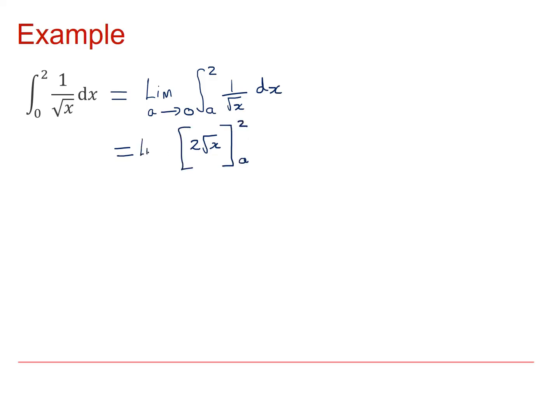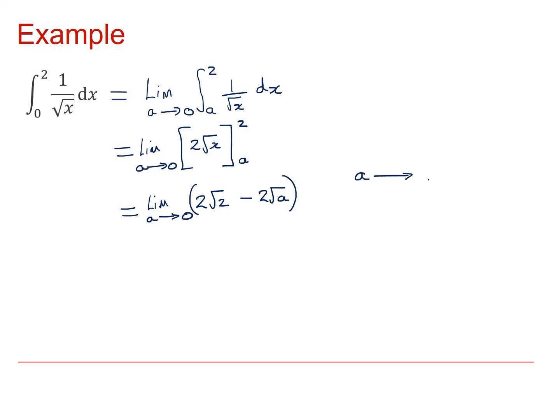And what happens to that as a tends to 0? Well, plugging in the limits, I'm going to get 2 root 2 from the upper limit minus 2 root a from the lower limit. And I want to know what happens as we allow a to tend to 0.